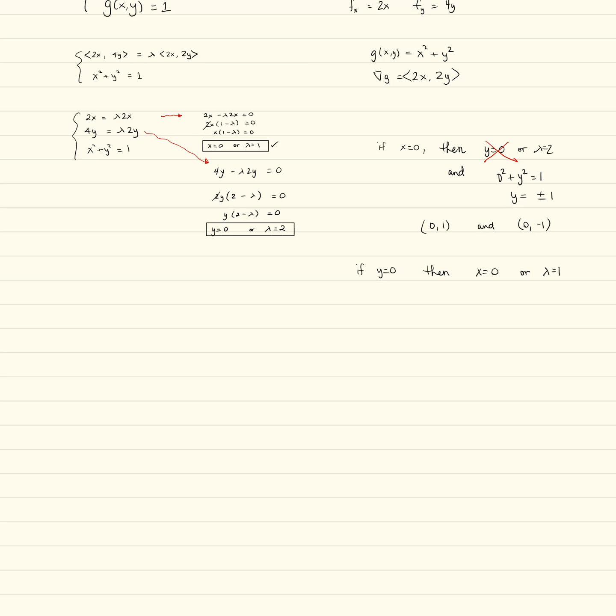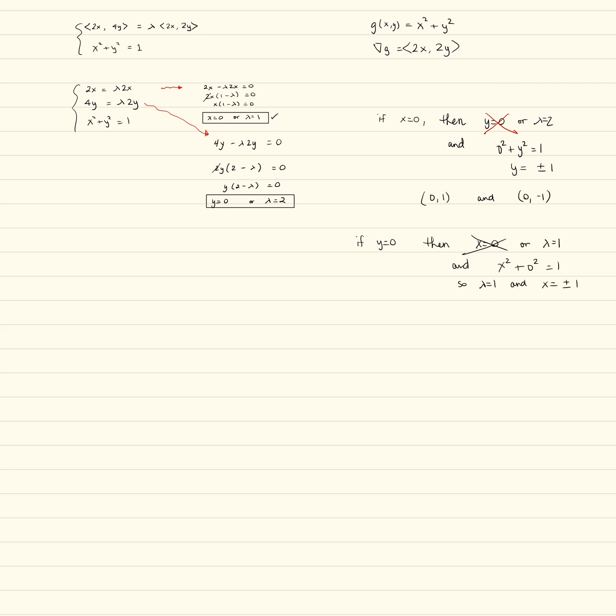But remember, we also have to satisfy that constraint. So x squared plus 0 squared is equal to 1, which means we cannot have x equal to 0, right? So lambda equals 1 and x is equal to plus or minus 1. So we've got two possible scenarios here, 1, 0 and negative 1, 0.